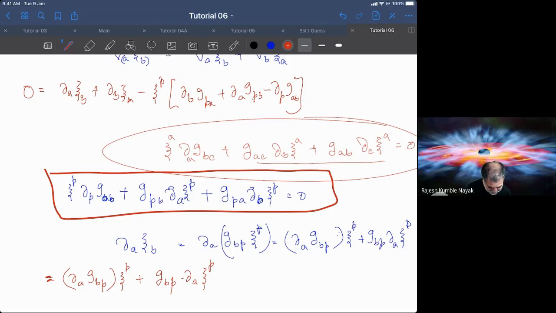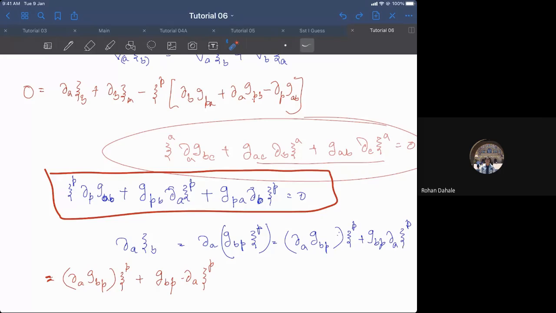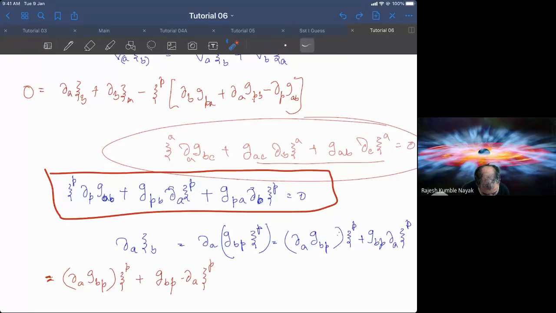Okay. Now you see that what we have here, this term is equal to this term, right? Are you following it? Yes, sir. And then there is this term remaining.